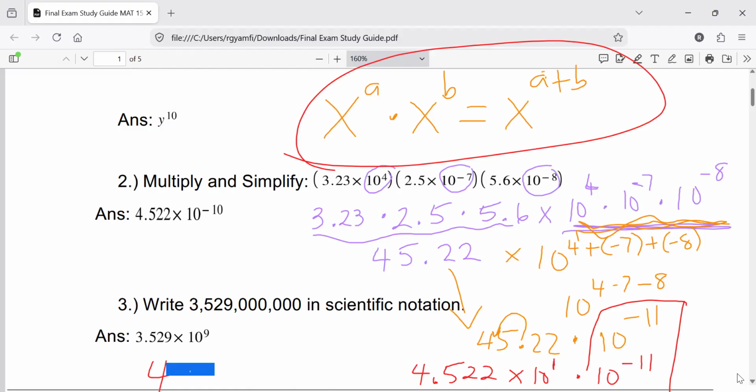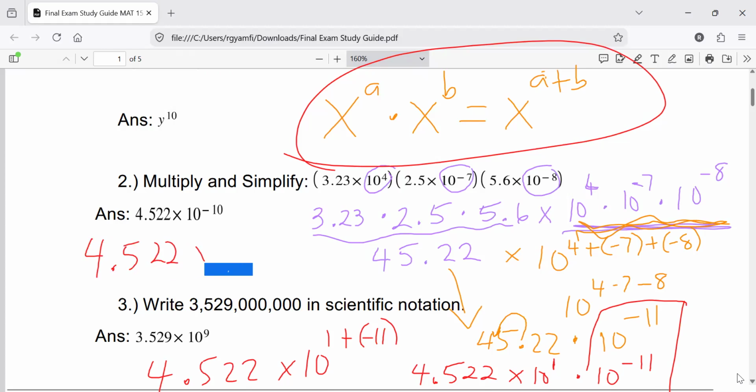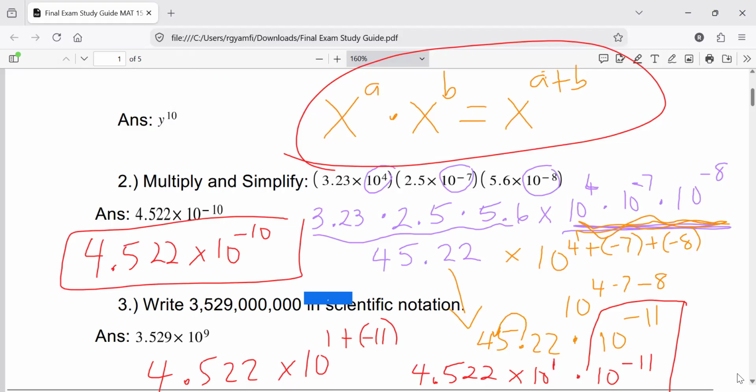So I have 4.522 times 10 to the power 1 plus negative 11. 1 minus 11 is negative 10. So my final answer is going to be 4.522 times 10 to the power negative 10. That gives me my final answer.